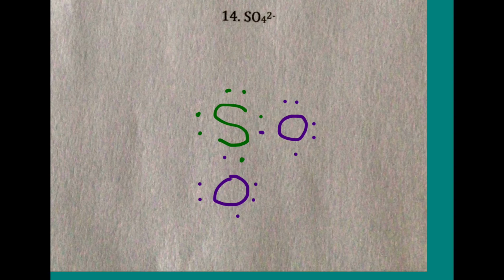Or you can make it into more of a chain instead of around a central atom.